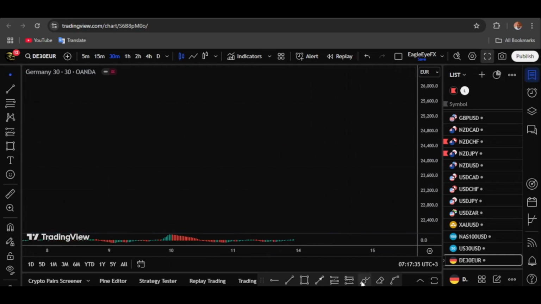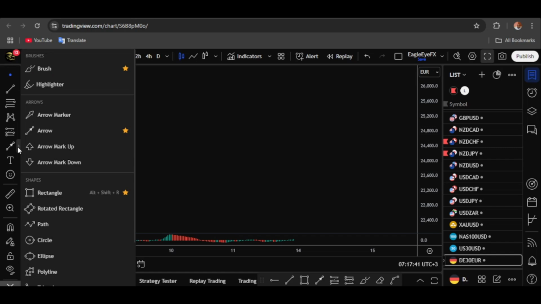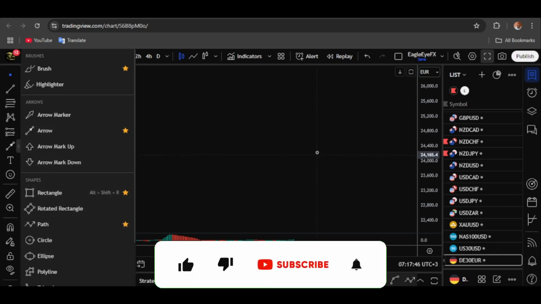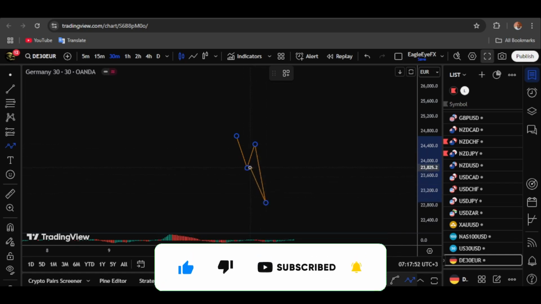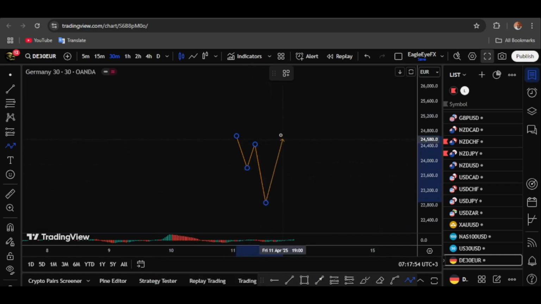I don't know how to overemphasize this, guys, but you see that this is very simple, right? What we just need to see is this break of structure. We want to see this change of character, and the market comes back to this level.